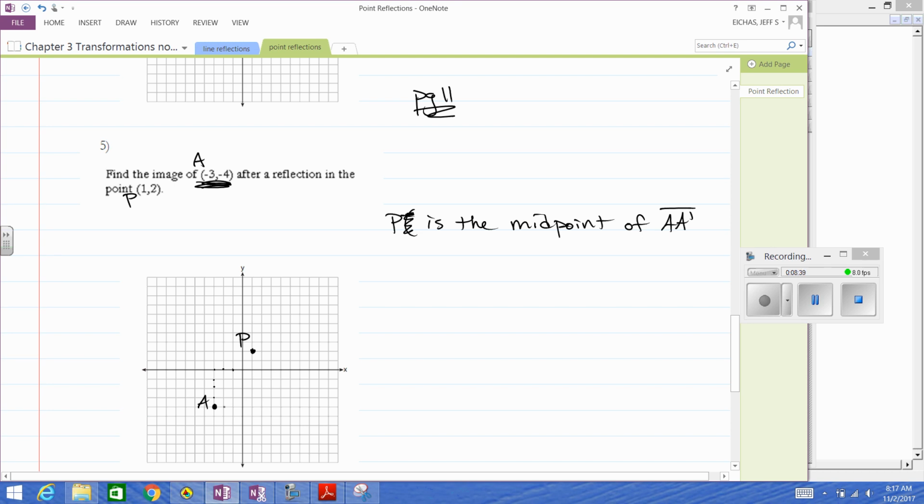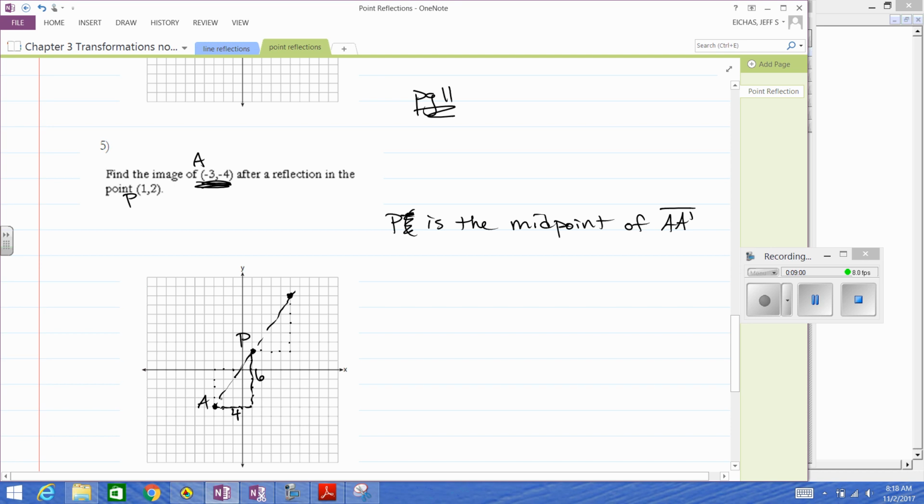So you think of it this way. I'm going to have to travel 4 to the right and 6 up to get from A to P. Now if I keep that going, 4 and 6, you're going to get that straight path.